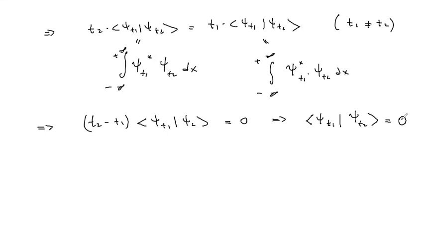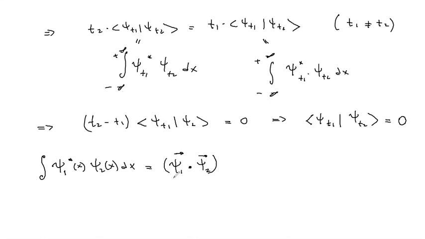So in quantum mechanics, such integration is called a scalar product or inner product or dot product. So the integration of psi 1 of x and psi 2 of x dx I can write as a product of two vectors, psi 1 dot product psi 2.